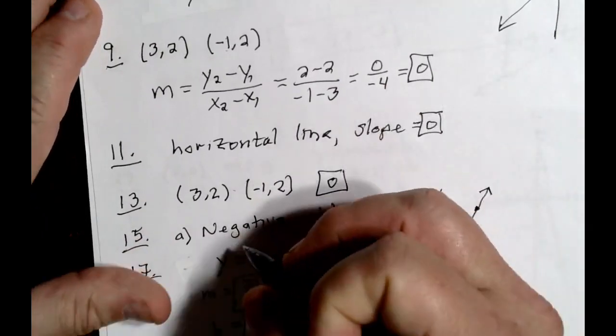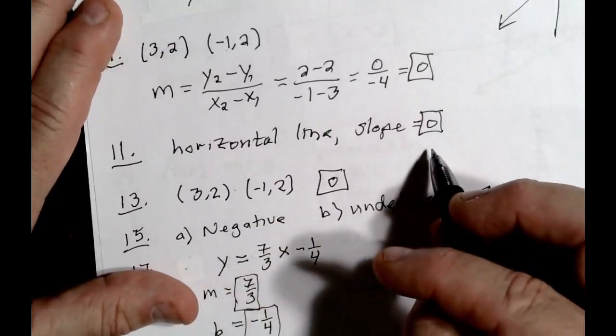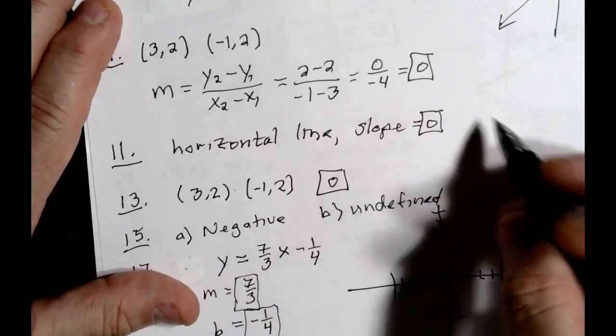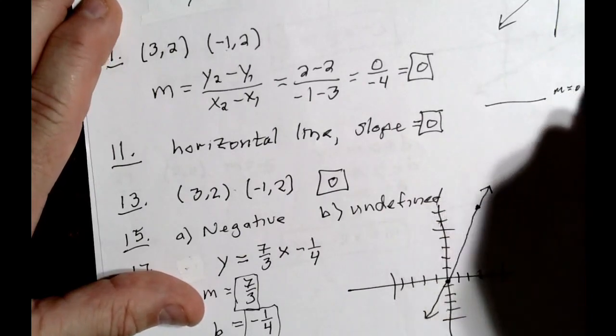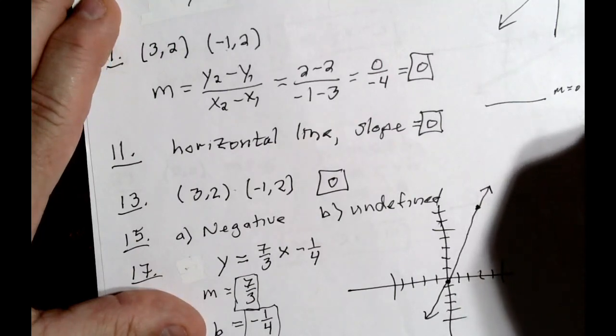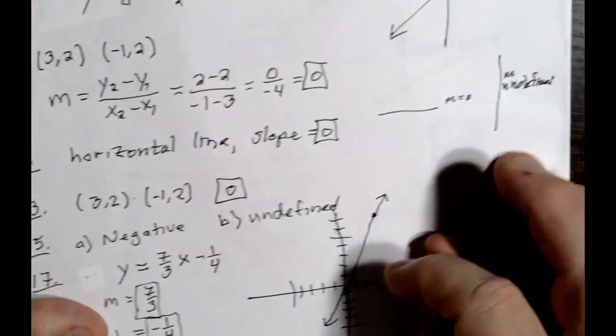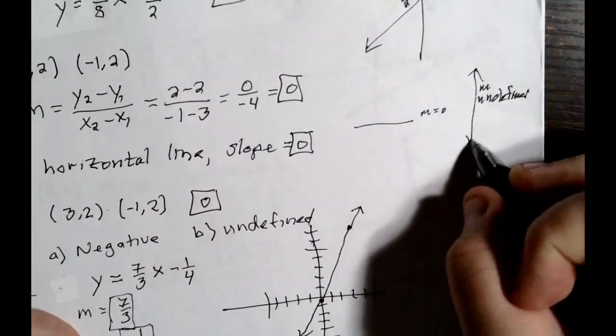Number 11, if a line is a horizontal line, then its slope is 0. Horizontal line has slope 0. A vertical line has slope undefined. Okay, a vertical line has an undefined slope.